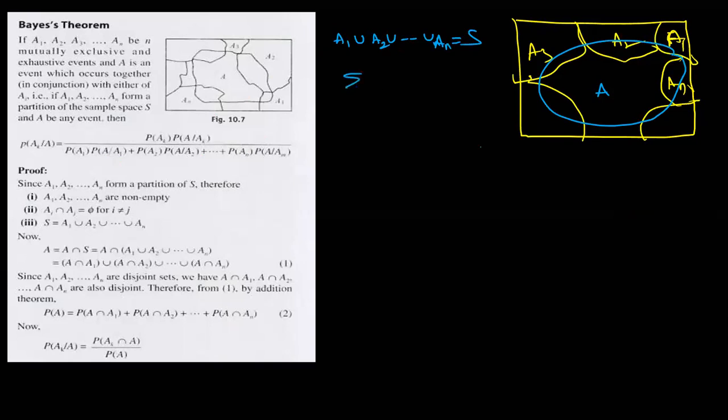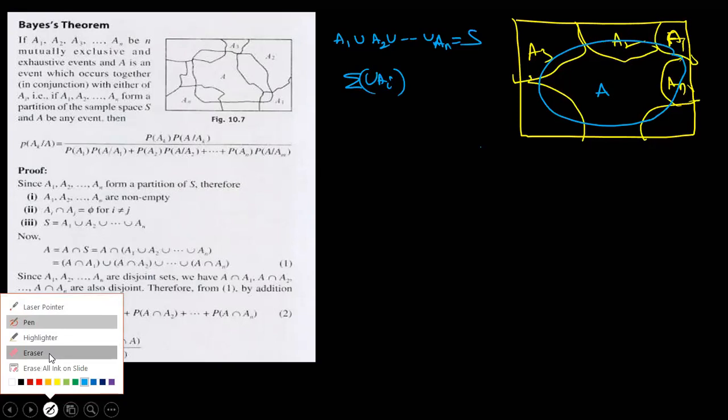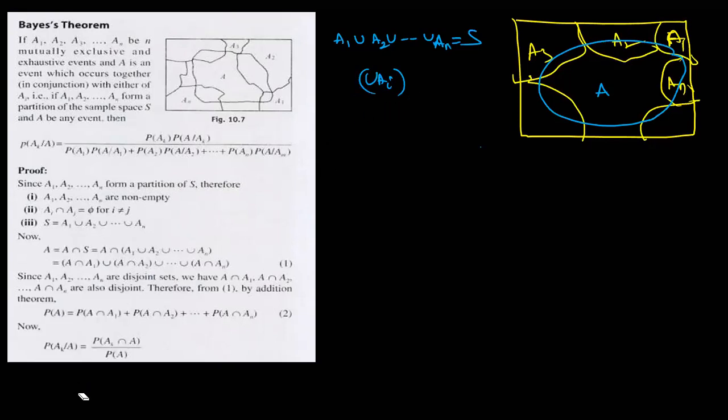That means union of AI is equal to S. So apply P on both sides. What result is coming here? Sigma P of AI, I running from 1 to N, is equal to P of S. P of S is nothing but 1. That is given. See. Now, proof.